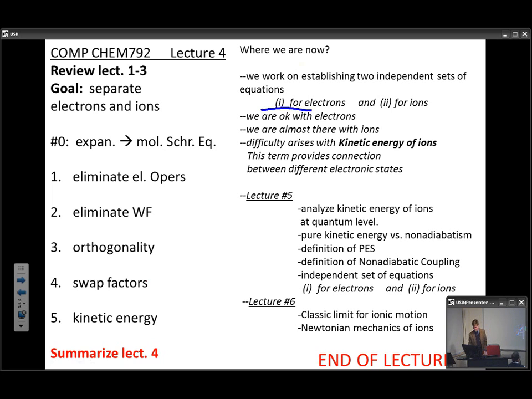So we are trying to separate electrons and ions, and we already have an equation for electrons. But in the overall molecular Schrödinger equation, we do have a term for the kinetic energy of ions. And we will see later that it has a term that corresponds to just the energy of ions moving, and there is an additional term that arises because electrons jump between different orbitals.